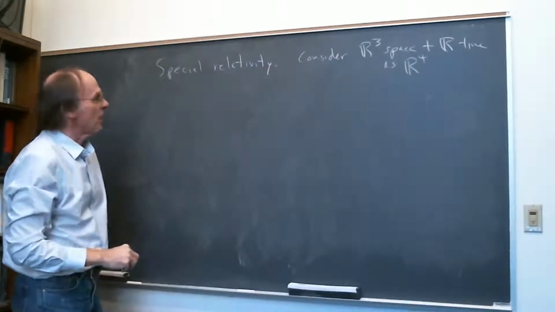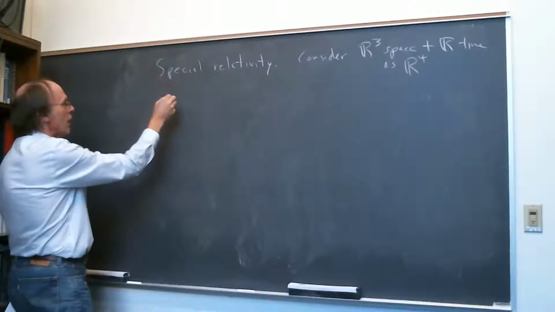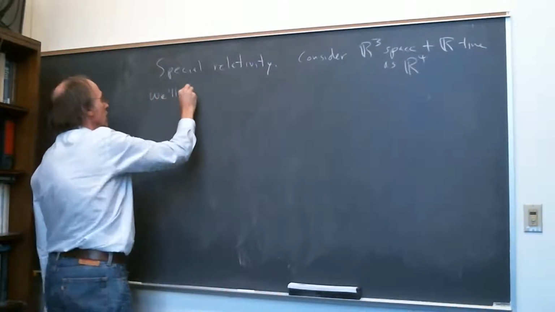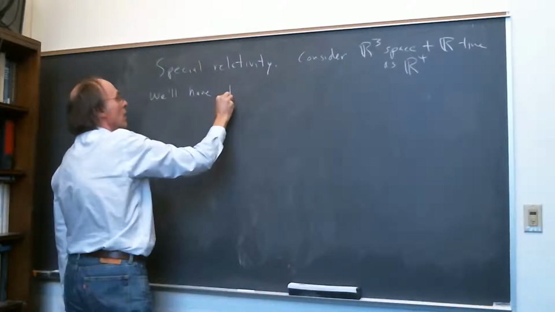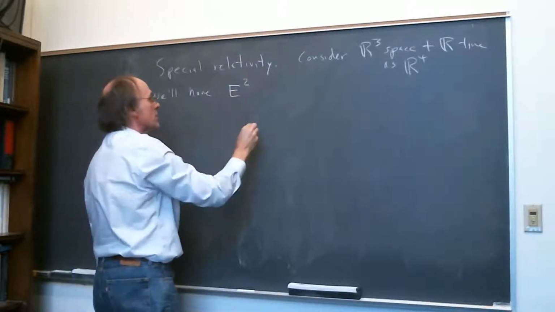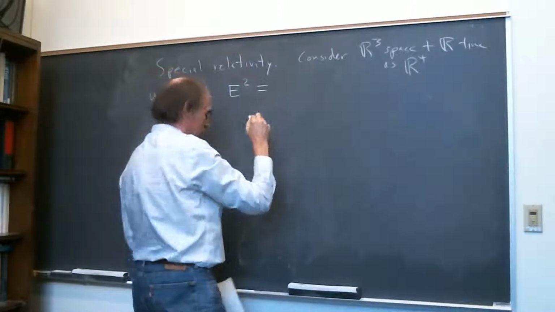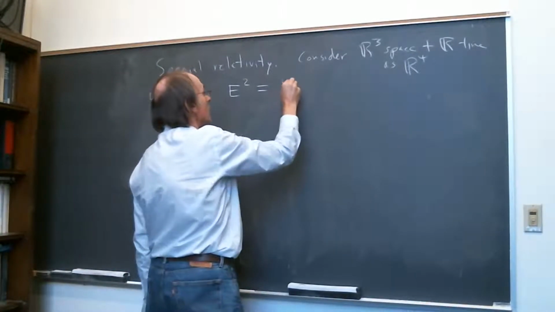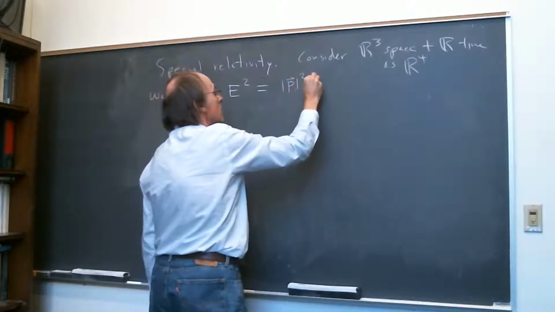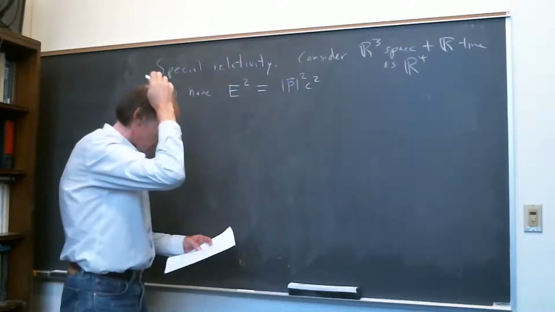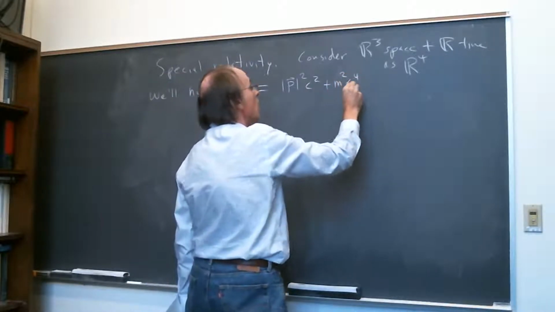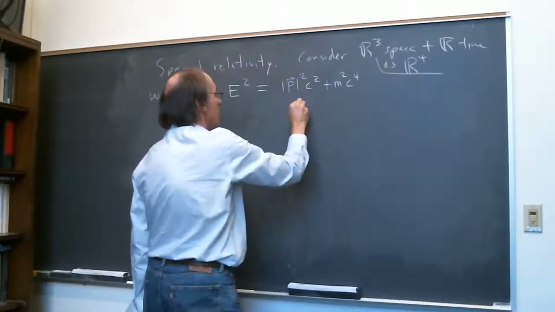And one thing to note is that we'll find that E squared is equal to P squared plus M squared.